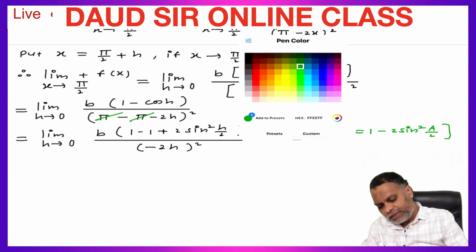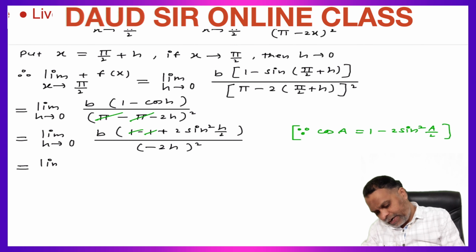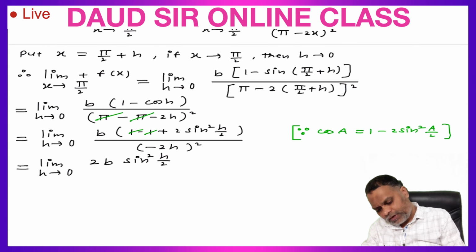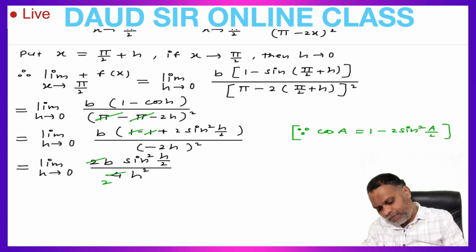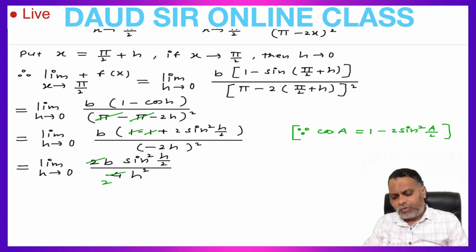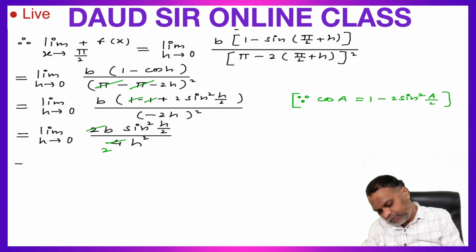Simplify this: negative 1 and positive 1 cancel, which is equal to limit h tends to 0, 2b sine square h upon 2, upon minus 2 square h square, which is 4 h square. So b upon 2 we can write outside the limit h tends to 0.